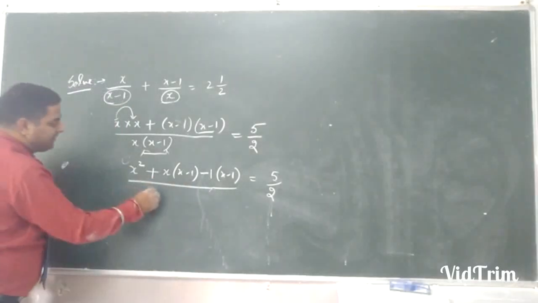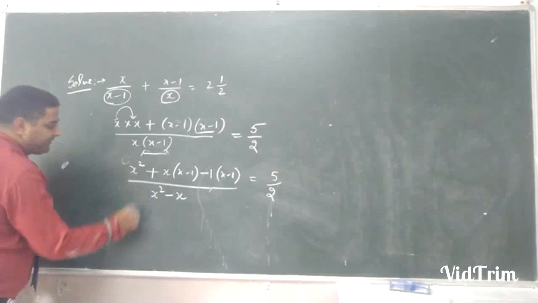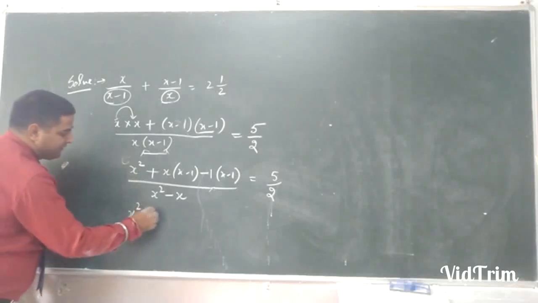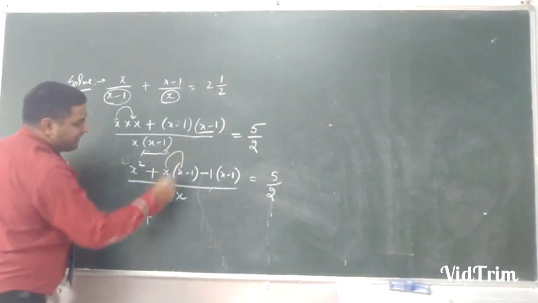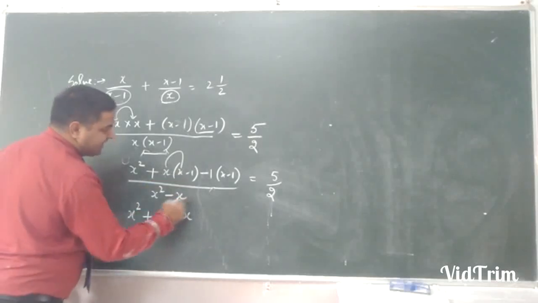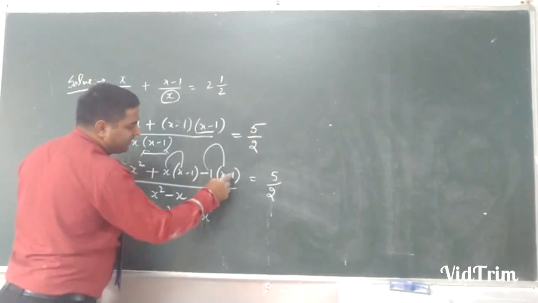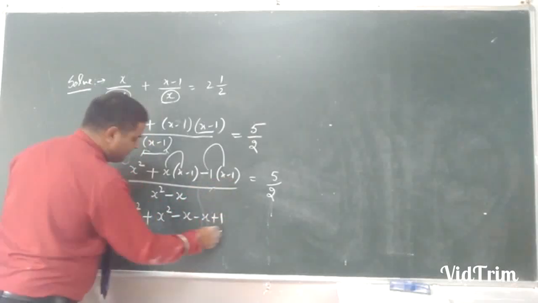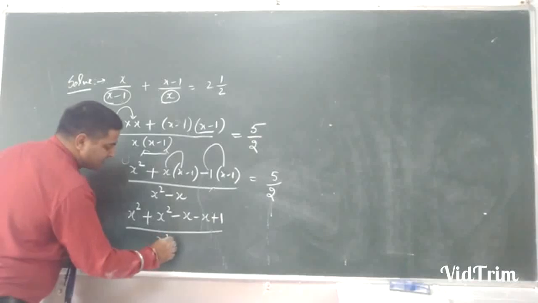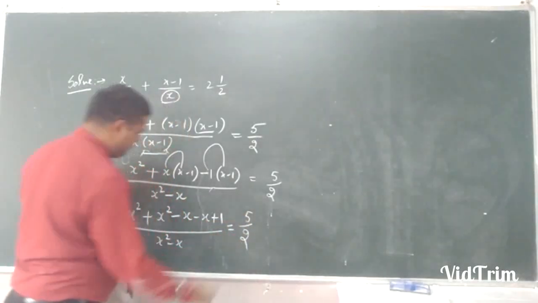In the denominator we have x squared minus x. Open the bracket now again. X squared plus x into x is x squared. X into minus 1 is minus x. Minus 1 into x is minus x. And minus 1 into minus 1 is plus 1. Divided by x squared minus x equals 5 by 2.